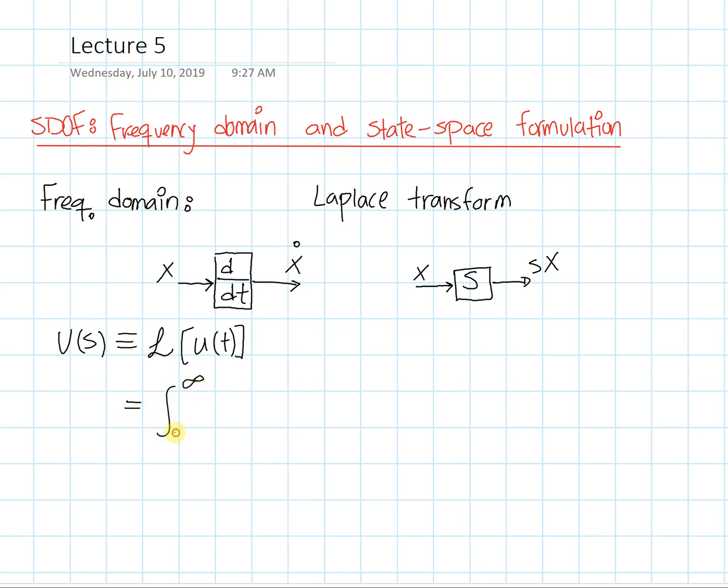It's a one-sided integral, and it has e to the power of minus st, s being the Laplace variable, t being the time, and we have u(t) and dt. So this is really what the process is. Let's do an example of converting derivatives to the Laplace domain via the Laplace transform.